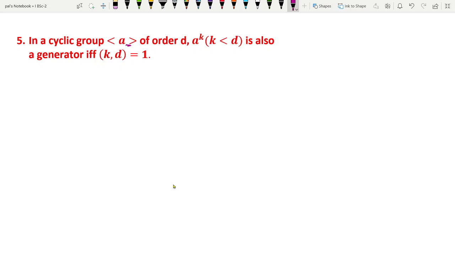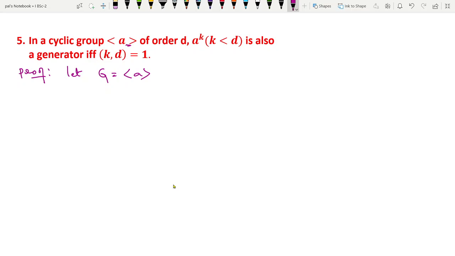Okay, so let us take the proof. Let G be a group generated by an element a. So it is given that the order of G is d and the order of a is also d.